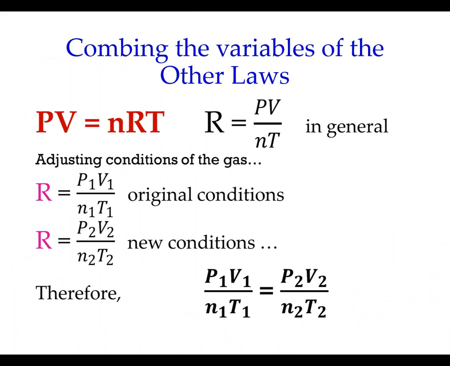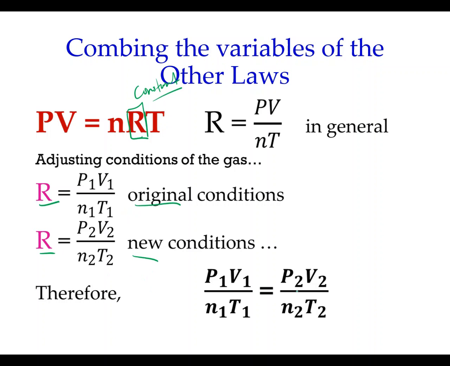The ideal gas law can be combined, so that we can utilize it instead of knowing the other 4 gas laws. Since R is a constant, a proportionality constant depending on which pressure you're talking about, R of the original conditions is going to equal R of the new conditions.